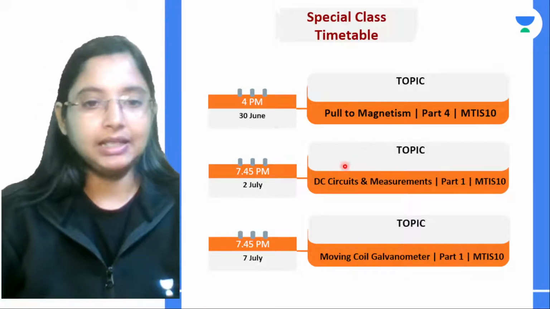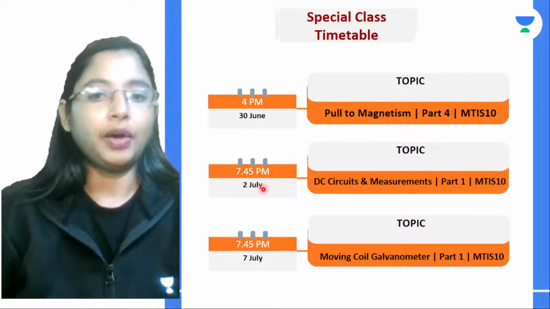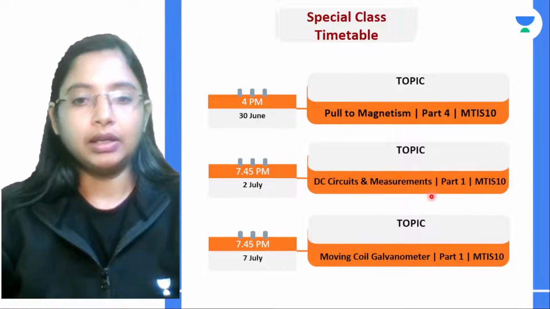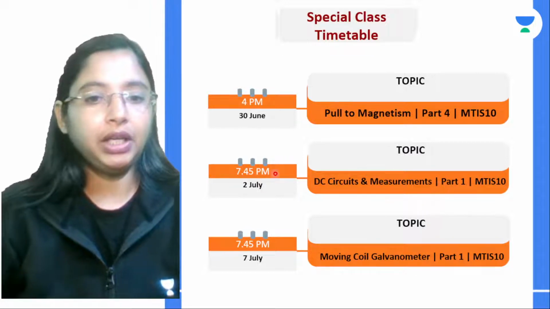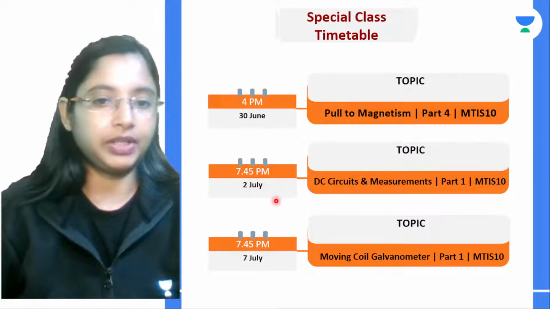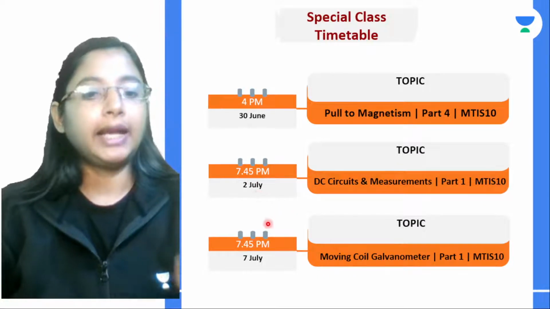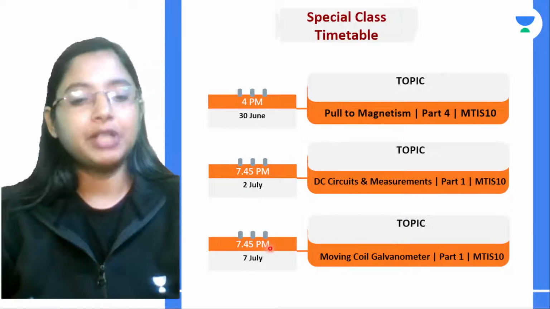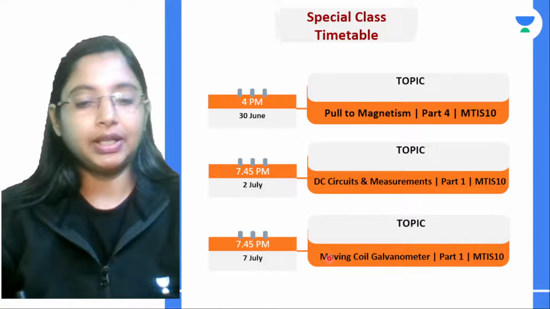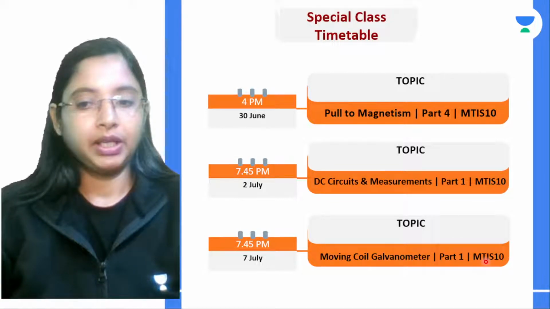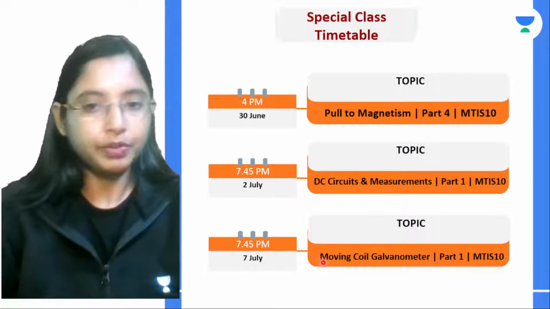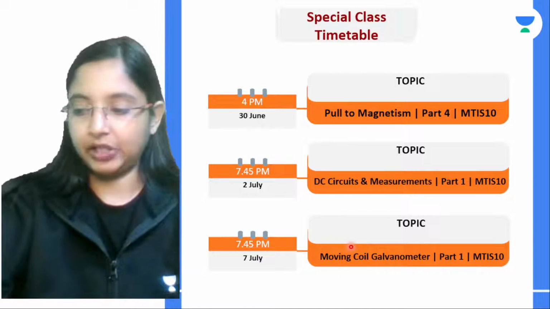The next class after 30th June is on 2nd July, covering a Unit 2 topic, DC circuits and measurements, at 7:45 p.m. Then on 7th July, from about 7:45 to 8:45, at about the same time you take these YouTube classes, we have another topic, moving coil galvanometer, again from Unit 3. These are the upcoming special classes. There are actually more special classes than this, but the next 3 are shared here.